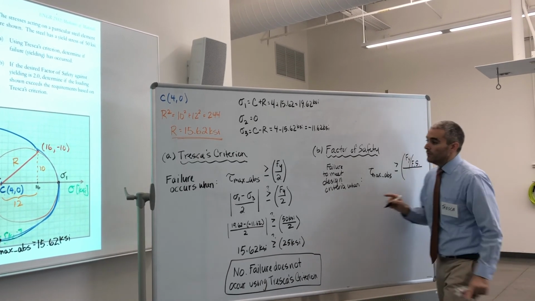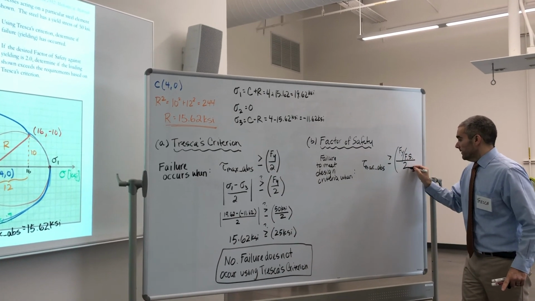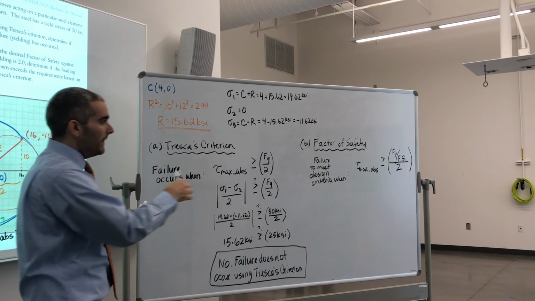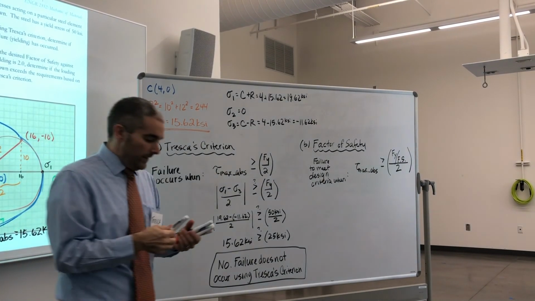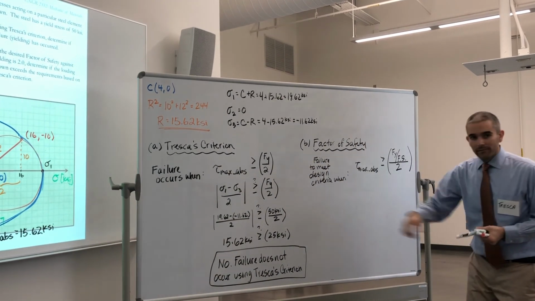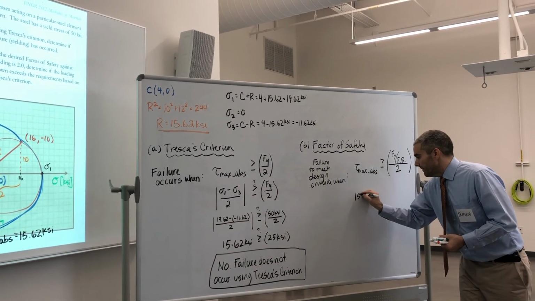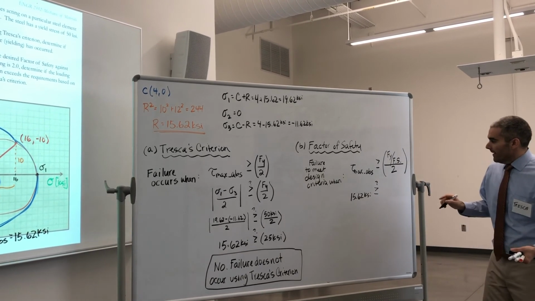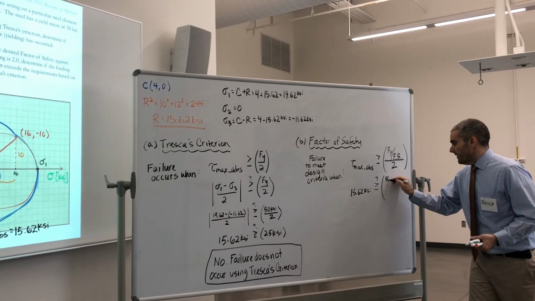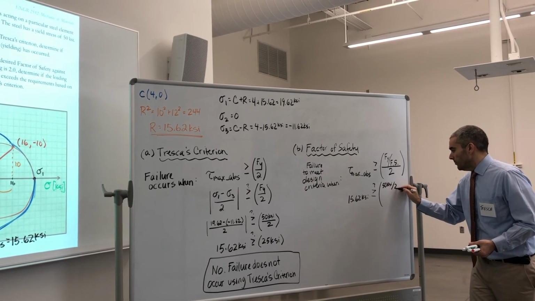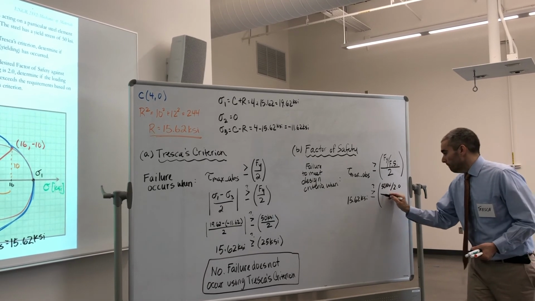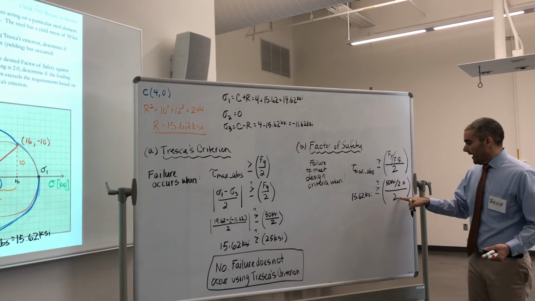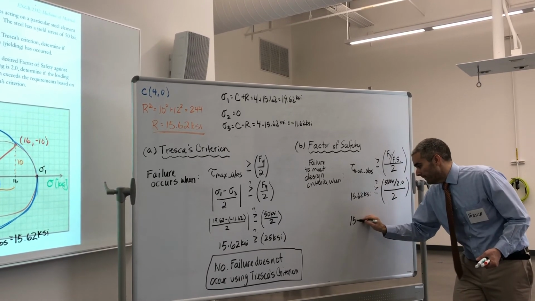And we still have to include this 2 from the original formula. So now I have a formula that includes the factor of safety. The math will remain the same. This will turn out to be 15.62 KSI. We ask, is that greater than or equal to 50 KSI divided by 2.0, because that was our factor of safety, divided by 2, because that's part of Tresca's criterion? That's going to give us 25 divided by 2, which gives us 12.5.